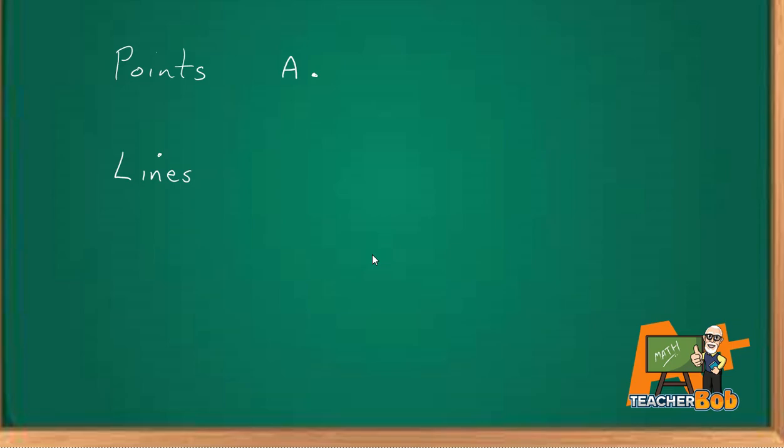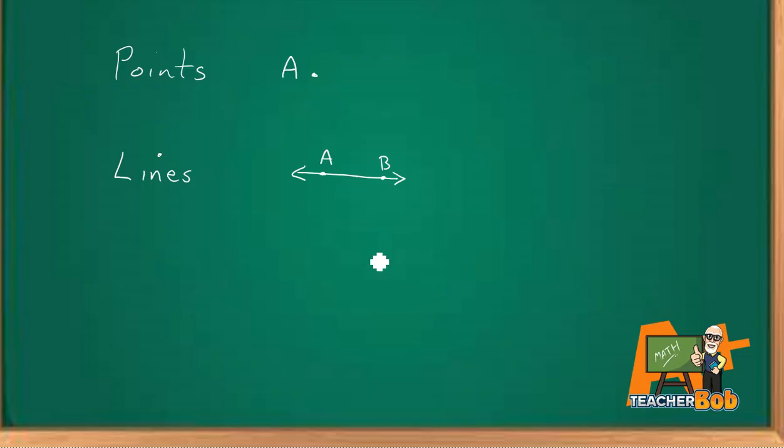We could draw this as a line with an arrow on each end, and we can put 2 dots here, and we can call this line AB. Between the 2 dots would be line segment AB, but a line has an infinite number of points extending on into infinity.